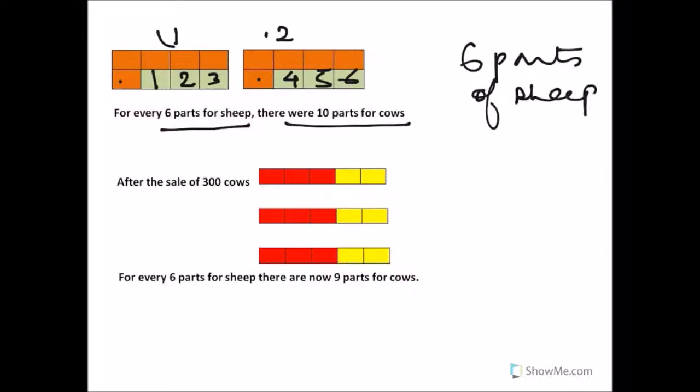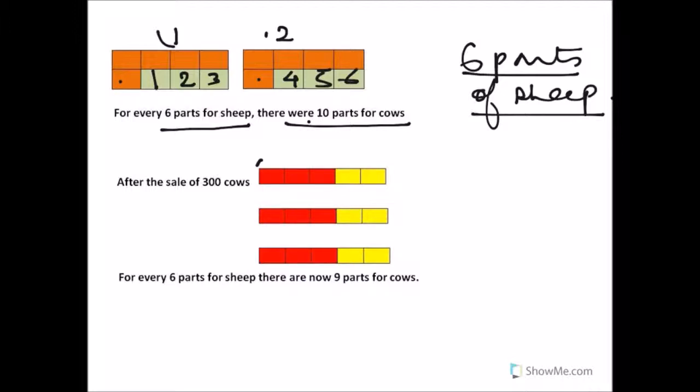In the latter combination, there are 2 parts of sheep, which again cannot be compared with 3 parts of sheep. So we repeated the earlier combination twice, and got 6 parts of sheep and 10 parts of cows.